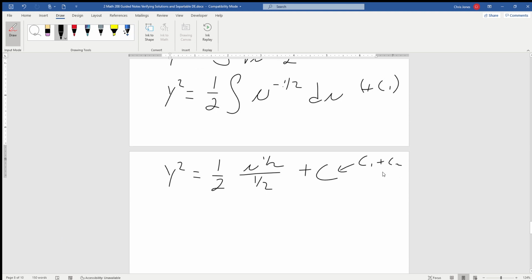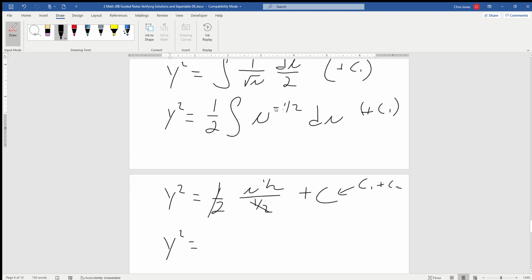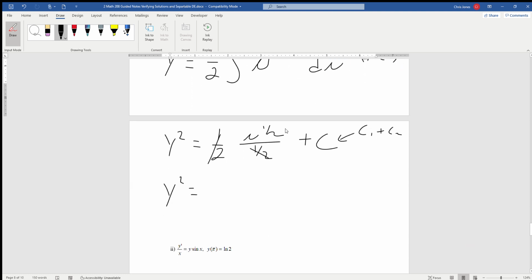Finally, the 1/2s cancel out. We're going to back substitute for u. Remember that u is x squared minus 16, and we have it to the 1/2 power, so y squared is going to be the square root of x squared minus 16 plus c.